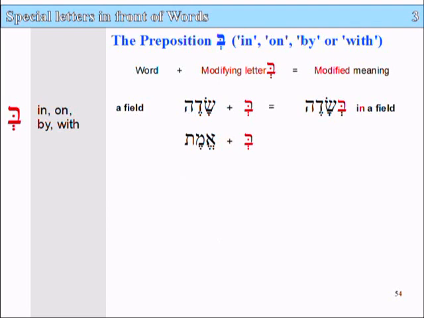If we take the word for truth, emet, aleph mem tav, and we add the bet, we have be'emet, which means in truth. And this is a very common expression in modern Hebrew.